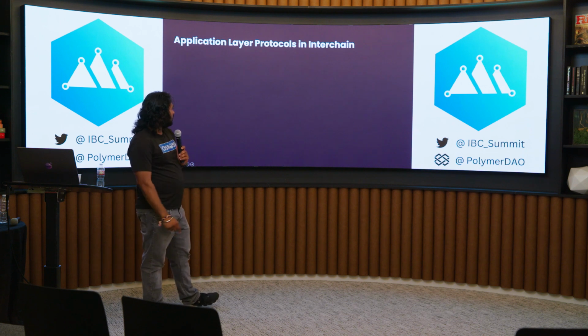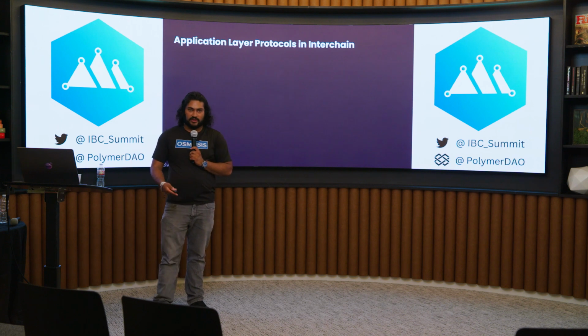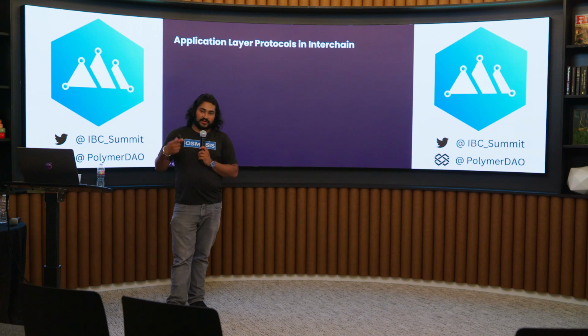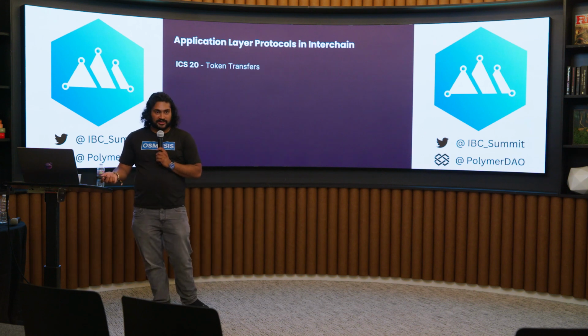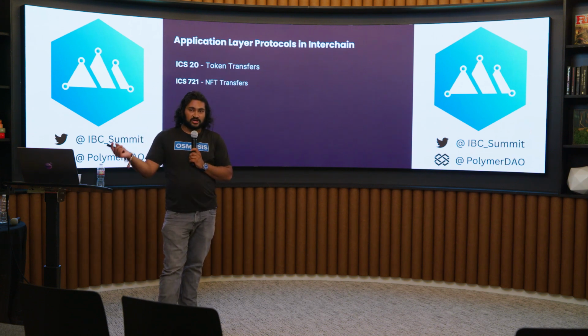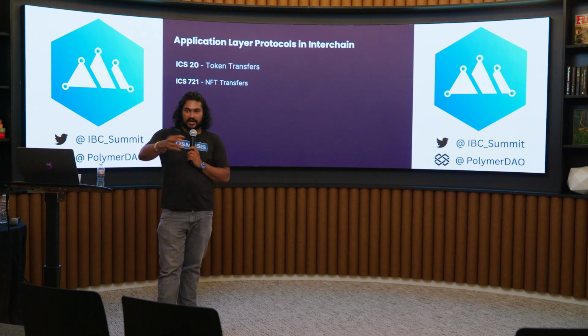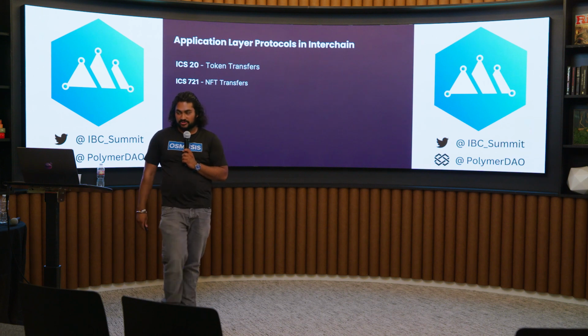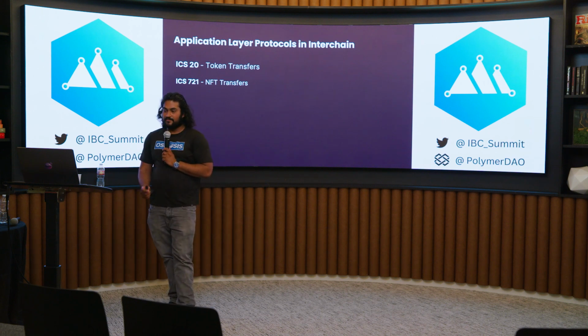Same thing in IBC, we've seen the rapid development of a lot of these new application layer standards. Obviously, the first one is your token transfers, the first one that went live. Everyone's probably used it. You have ICS 721, which is how we send NFTs across chains. The Game of NFTs thing just ended and got a lot of traction of people testing NFTs over IBC.